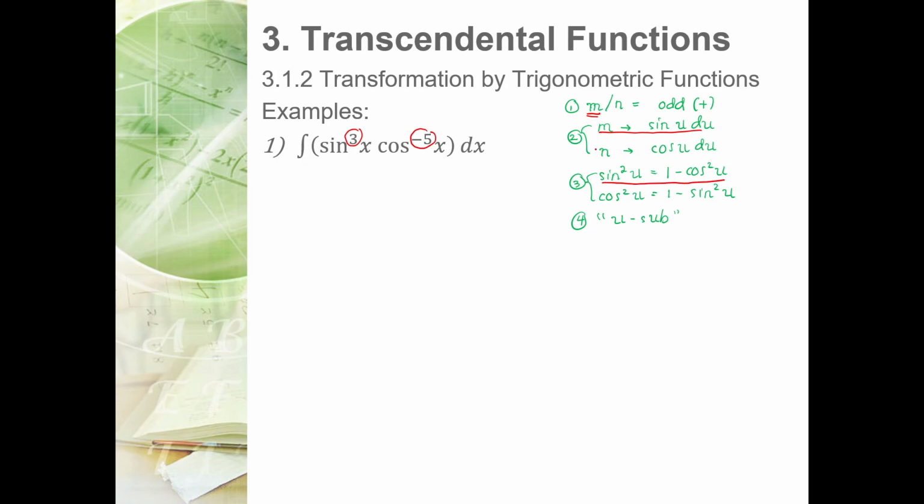Okay, so first step is, since we determined that m is odd, the next step is to factor out sine u du. So sine squared, we take one sine outside the equation, then cosine negative 5x multiplied by sine x dx.